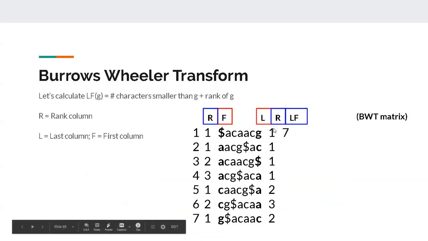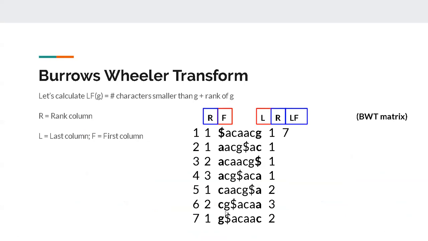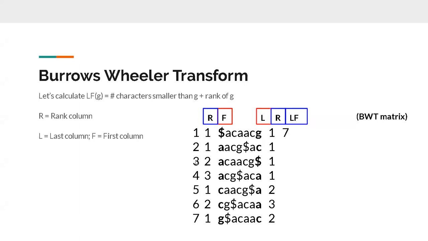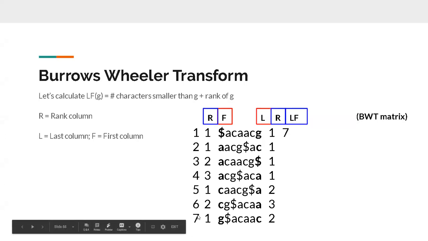How that would work is, again, you have this last column, you have this first column, and you have the ranks associated with these columns. What I have written over here, 1, 2, 3, 4, 5, 6, 7, in the beginning are nothing but the serial numbers. So this is the first row, second row, third row, fourth row, fifth row, sixth row, seventh row.